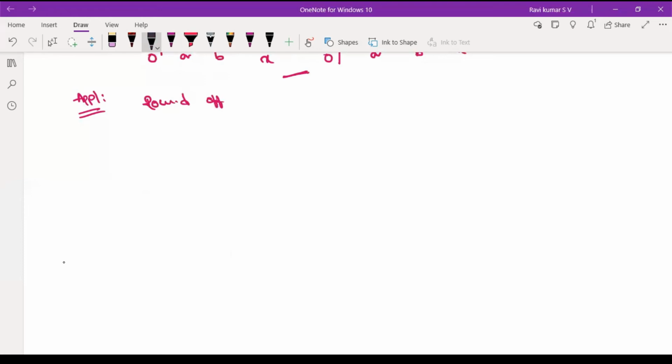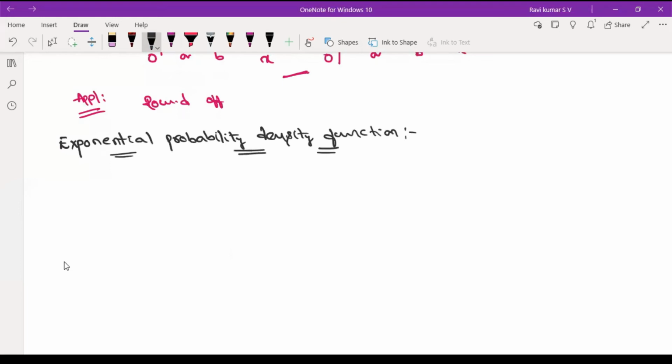exponential probability density function. So this is one of the important density functions from the examination point of view.